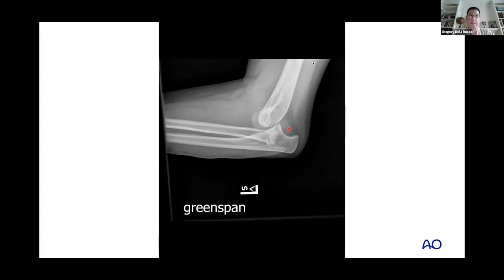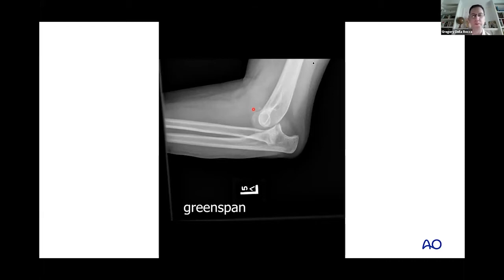But if you notice, that's not the whole story, and obviously this is a terrible triad seminar, so it's not just going to be a simple elbow dislocation. If you look right here, adjacent to the red highlight, you can see that there is a small fleck of bone that is present just superior to either the trochlea or the capitellum.